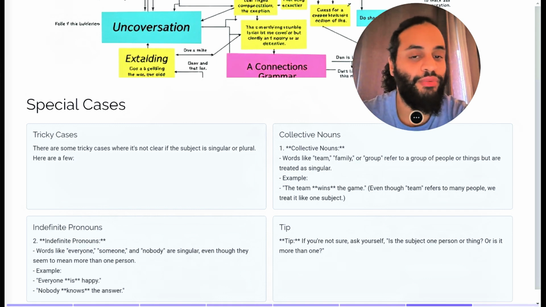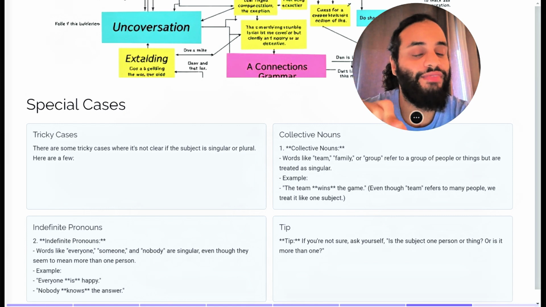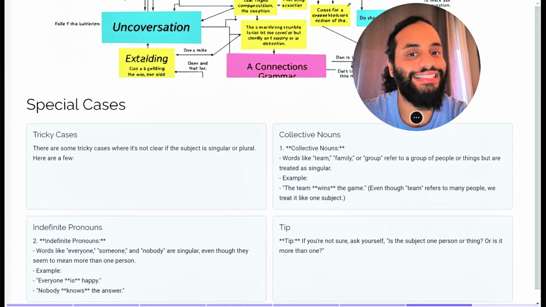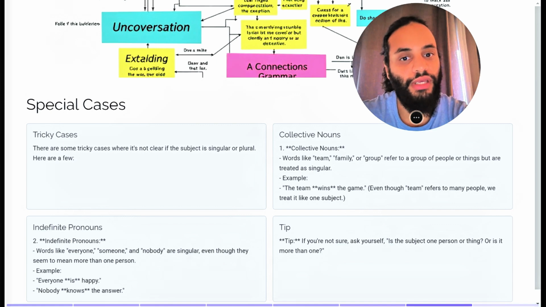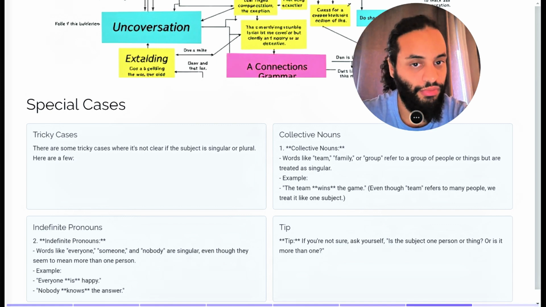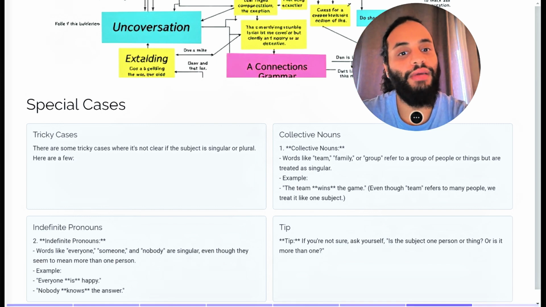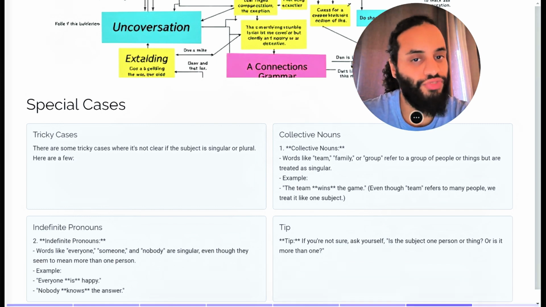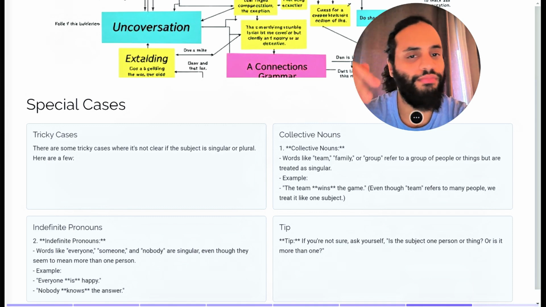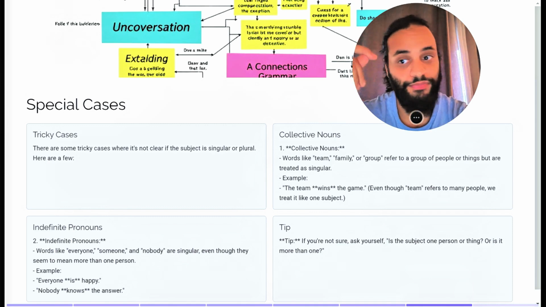So remember previously we said if it's a plural subject, you do not add an S. But this is a collective noun. It's an exception. It's referring to a group of people. You add an S. So for example, here, the team, many people, you don't say win, you say wins. So remember that, drill that, write sentences down, keep going. You can do it, okay?